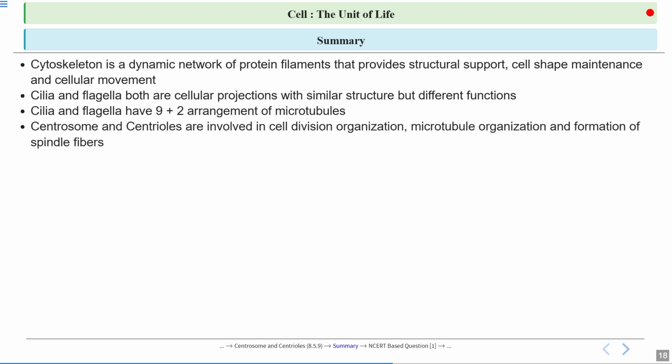Centrosome and centrioles are involved in cell division organization, microtubule organization, and formation of the spindle fibers. Centrioles are cylindrical structures made up of 9 triplets of microtubules. We have seen the cartwheel-like arrangement also here.